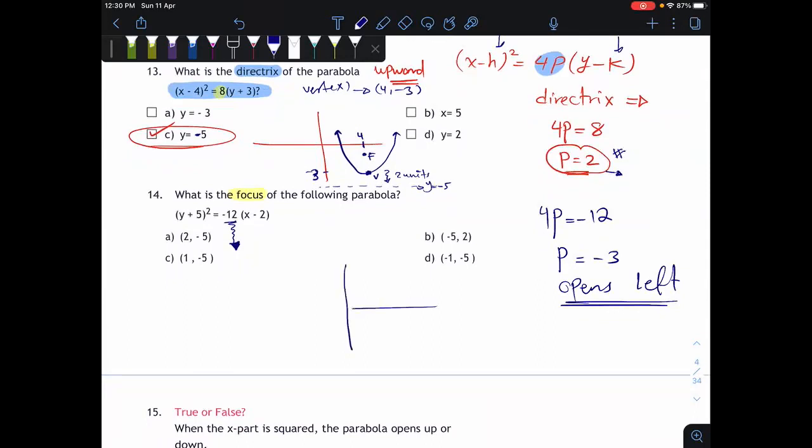To graph this parabola, we have to plot first your vertex. Who can tell me the vertex? Vertex is H and K. It's at -5 and 2. So we move -5 and move up 2 and plot your vertex.